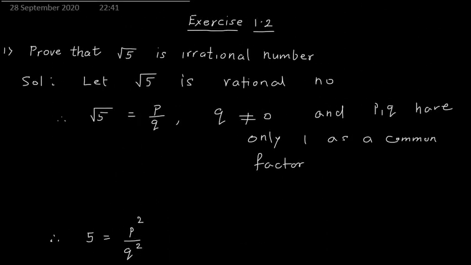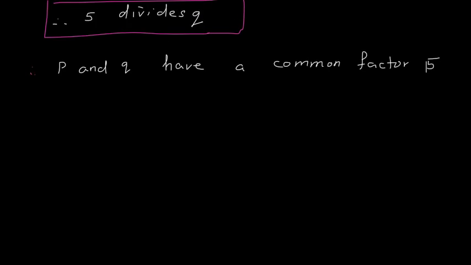But here what we are getting is that p and q have a common factor. So this is a contradiction. Contradiction means that what we have assumed is contradicting, it is just the reverse, just the opposite of that.